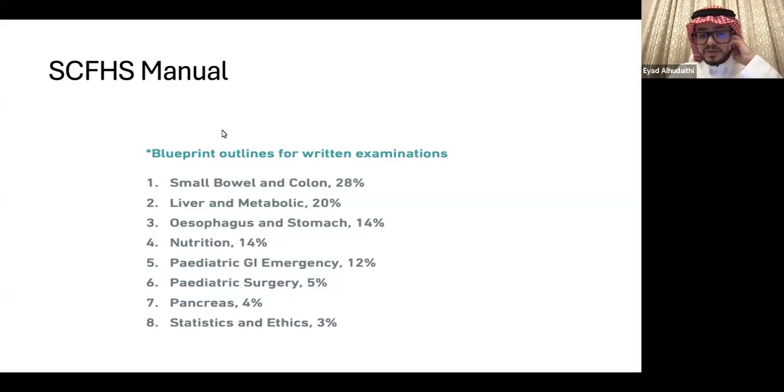Also, you can find it in those who present with colectomy or surgical complications, like stricturing and penetrating disease, etc. So IBD per se has a high percentage in the written exam, but one of my purposes in this presentation is also to prepare you for your everyday practice. I hope it will be of benefit, inshallah, in your practice as well.